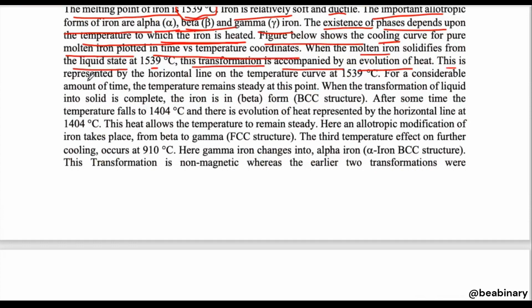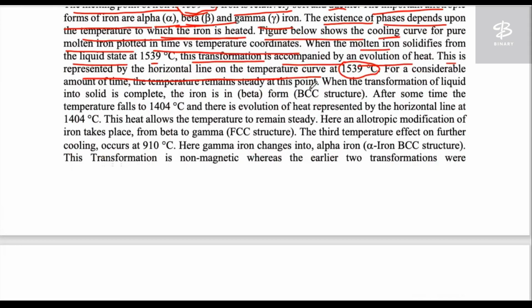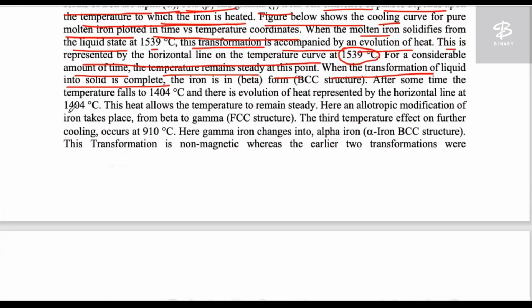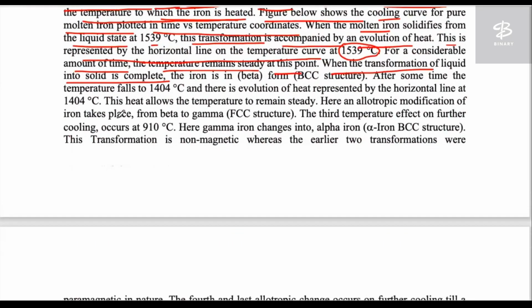This is represented by the horizontal line on the temperature curve at 1539 degrees C. For a considerable amount of time, the temperature remains steady at this point until the transformation of the liquid into the solid is complete. As I already made you know, whenever phase changes occur, the temperature remains constant.